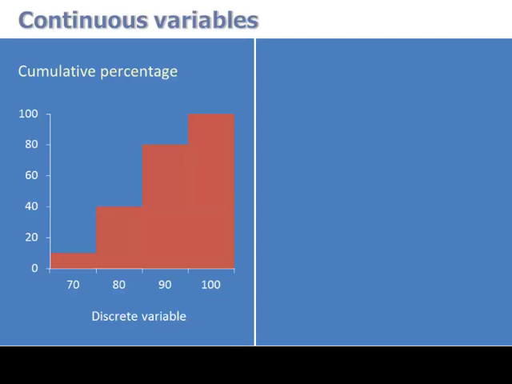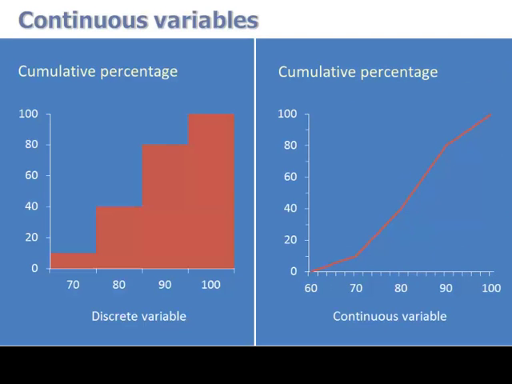The chart on the right presents the exact same information, except that it uses a continuous variable on the horizontal axis. Let's work through some examples to show how to read a cumulative frequency plot with a continuous variable.